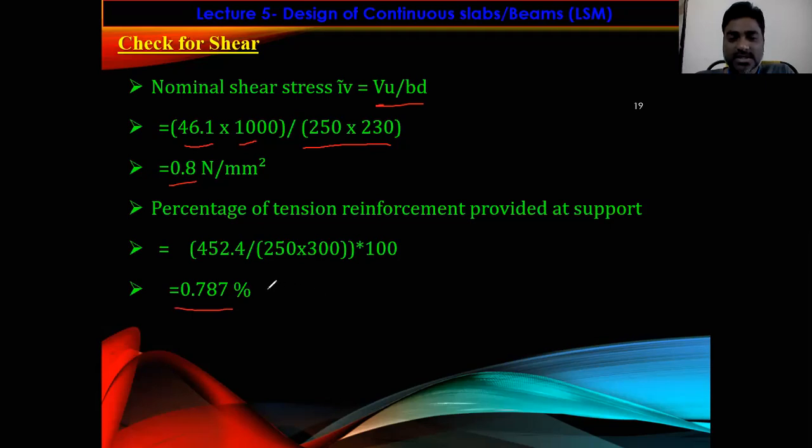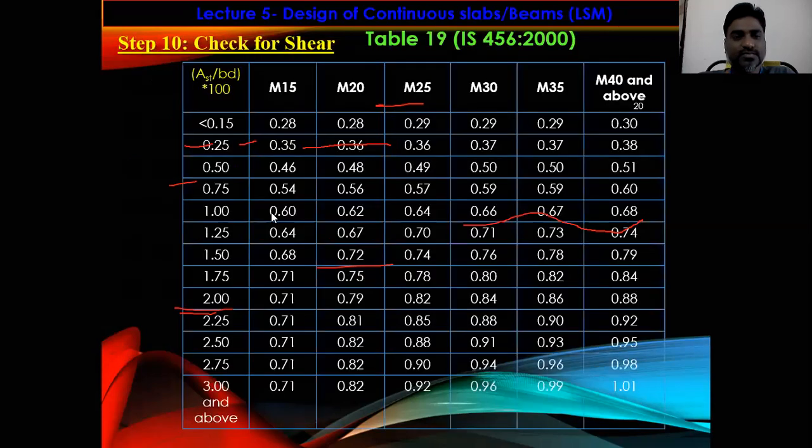Remember, the percentage of steel should be considered as provided at the support, because the shear reinforcement is designed near the support, that is the critical section, right? So the percentage of steel provided at the support is AST by BD into 100, that is 0.787 percent.